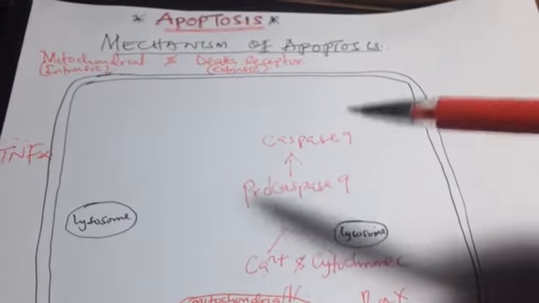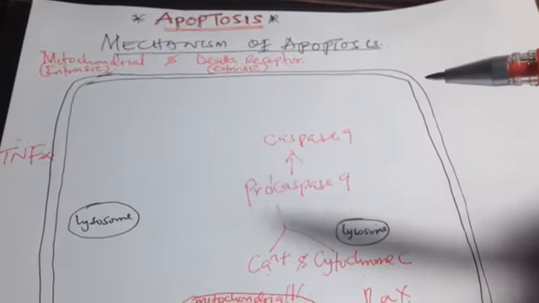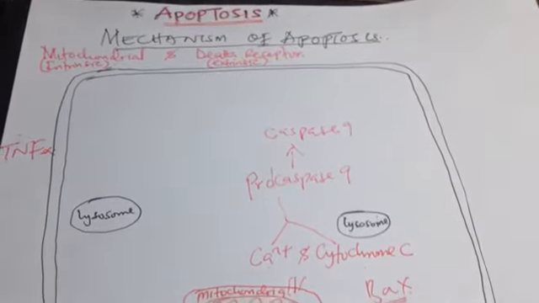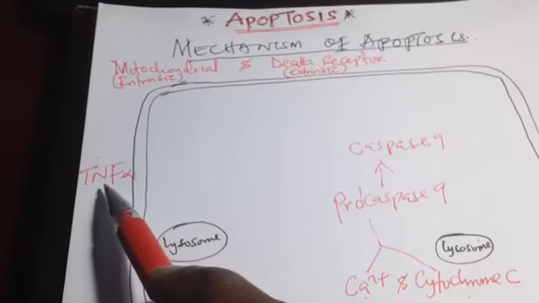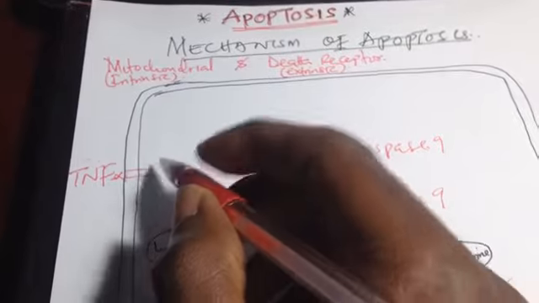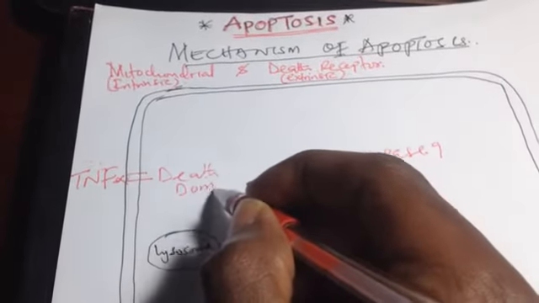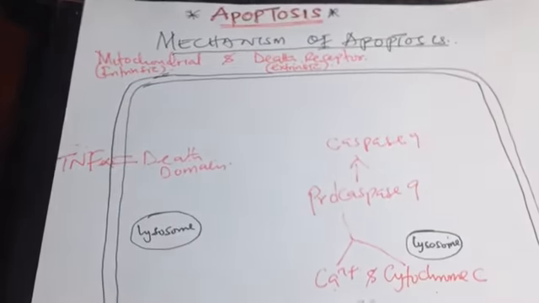This is the most important factor that leads to this extrinsic pathway of signaling of apoptosis. When this TNF alpha binds to its receptor, the receptor is known as the death domain.